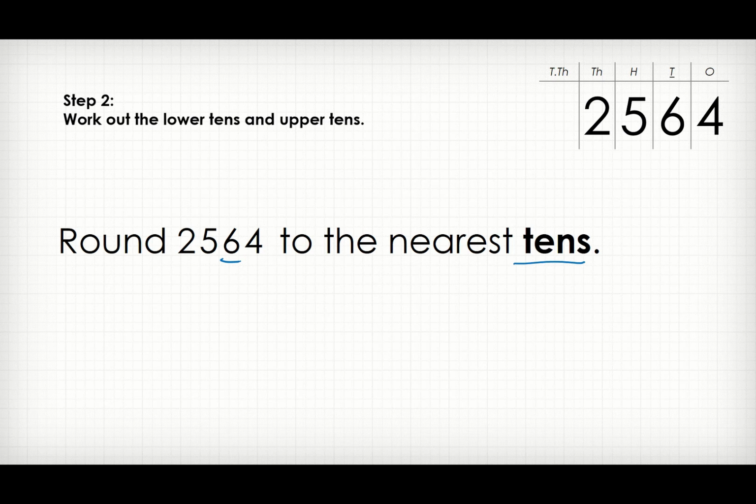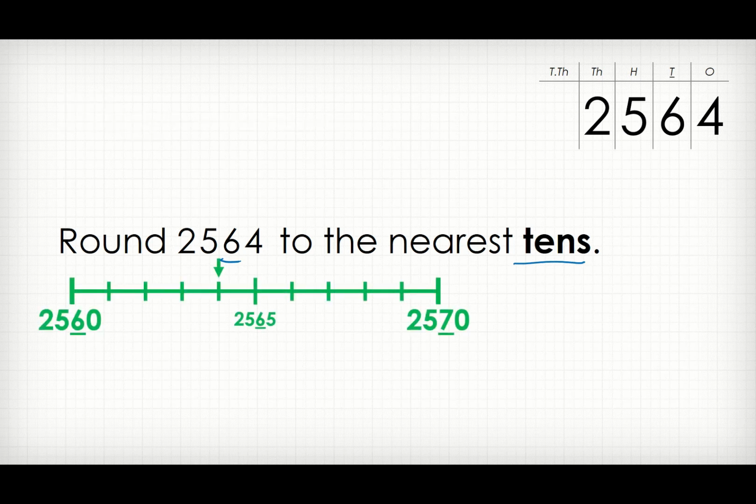Recall that if you were to count in tens, 10, 20, 30, 40, eventually we'll reach 2510, 2520, 2530, and so on and so forth. So this number 2564 actually lies between two of those numbers, and they will be 2560 as well as 2570, and these will be our lower tens and upper tens that we're referring to.